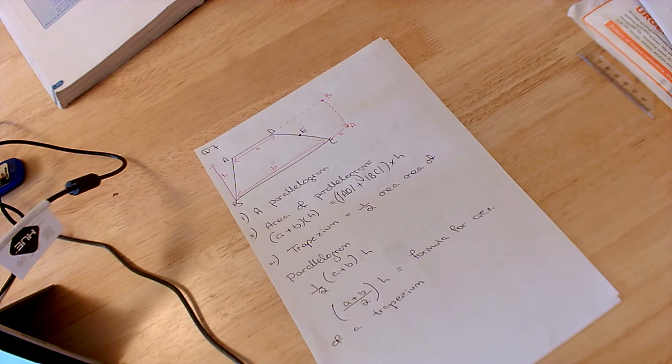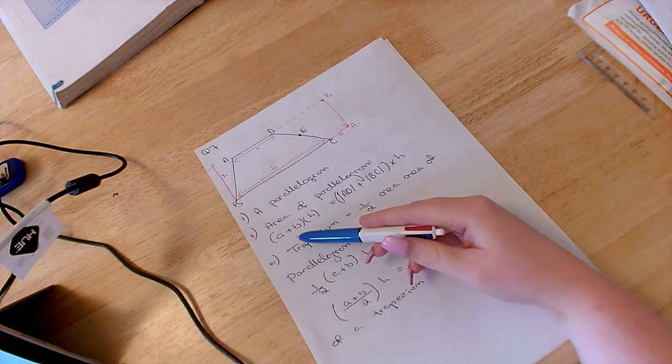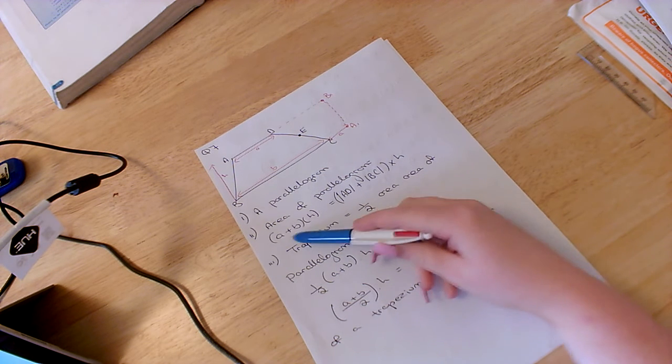Okay. And then we have: what shape is being made by the image and the original trapezium? So the shape that's being made now is a parallelogram. And then what is the area of this composite shape? Okay, so the area of a parallelogram is (A plus B) times H, so the sum of the two parallel sides times the perpendicular height.